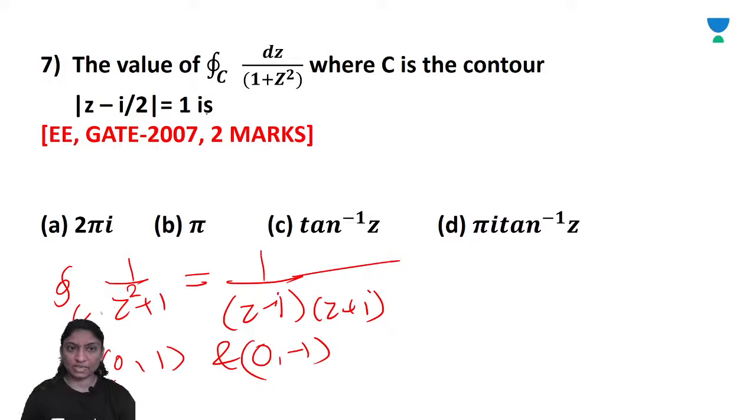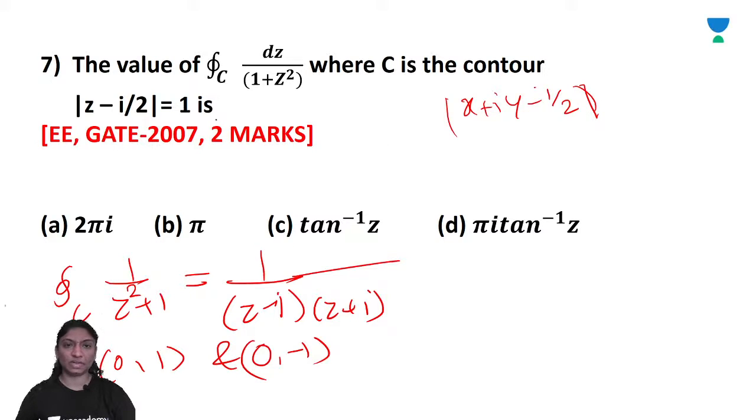So mod of z minus i by 2 is equal to 1. We can check which poles lie inside the curve C. It is a circle with radius 1 and center at (0, 1 by 2).